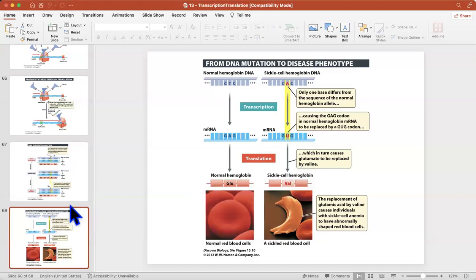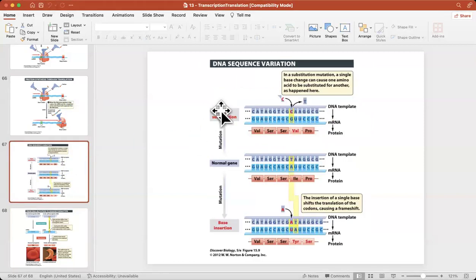So this shows you that the transcription and translation process needs to be perfect. If not, you can have mutation. Because the sequence goes from DNA to mRNA to protein, if the DNA is wrong, we call it base substitution, also called point mutation.